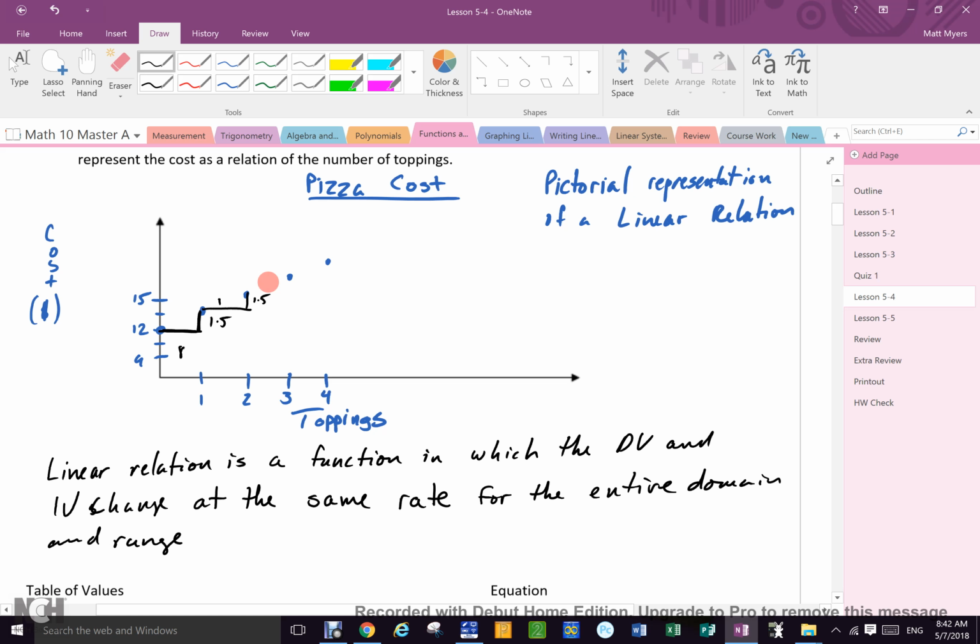Is everybody good? A linear relation makes this staircase effect. But, and I'm writing this in red, danger, Will Robinson, danger. It does not need to be continuous.